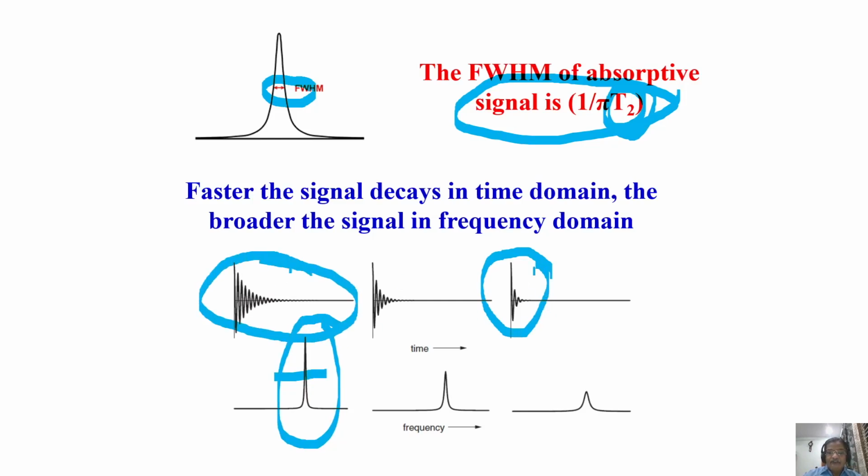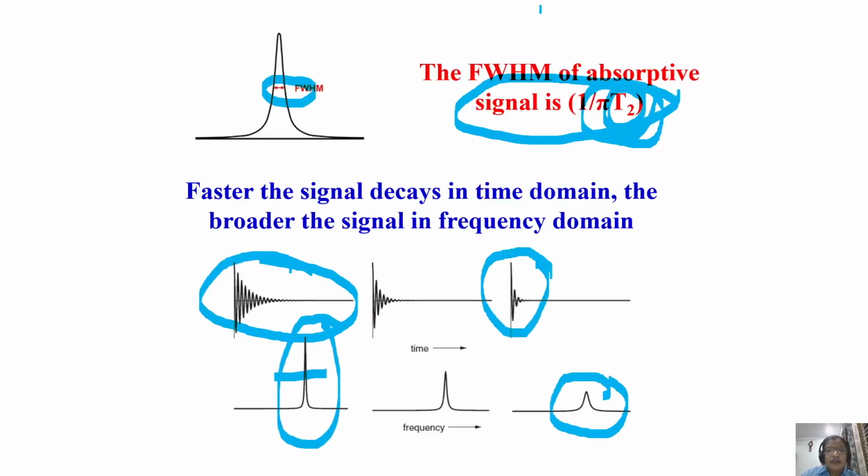Look here, the FID is dying down very fast. As a consequence, if you collect for a short time and do the Fourier transformation, you have a larger line width. So the full width at half maximum of the spectrum, inverted, will give you T2, that is, the spin relaxation time.